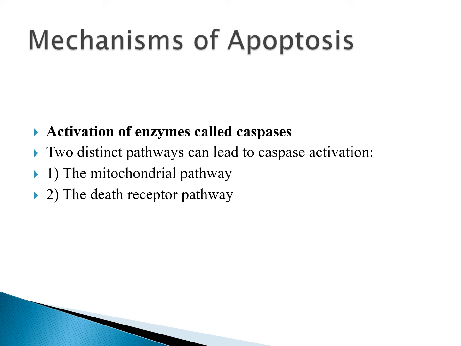We have different types of caspases, but in the end they have the same function of turning on the apoptosis cascade. We have two distinct pathways of apoptosis that in the end will lead to the same result, which is activation of caspases. We have the mitochondrial pathway of apoptosis and the death cell receptor pathway of apoptosis.